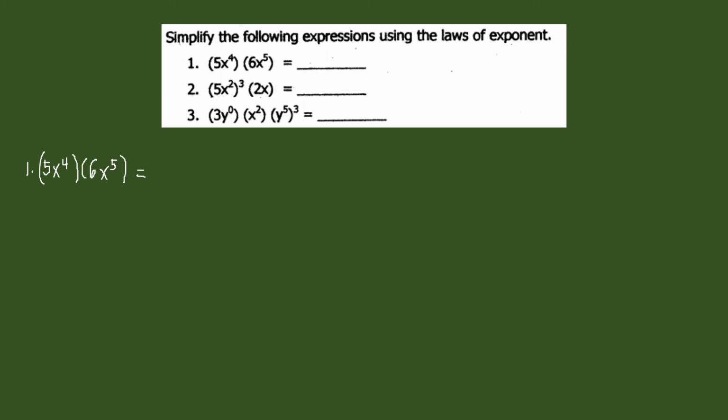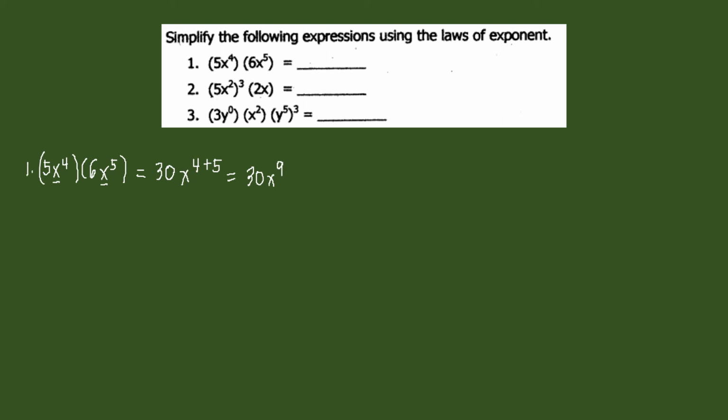Again, for the whole numbers, simply multiply the whole numbers. So we have 5 times 6, and that is 30. For the expressions with exponents, we look at the base if they are the same. So looking at them, they have the same base. So we copy the base. And then for its exponent, we have to add. So 4 plus 5. So our final answer would be 30x to the 9th power.